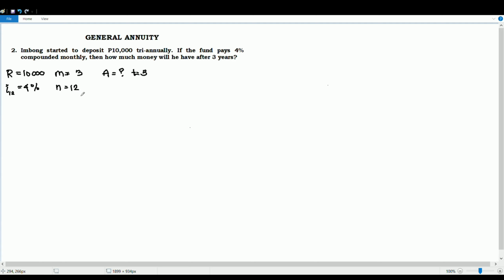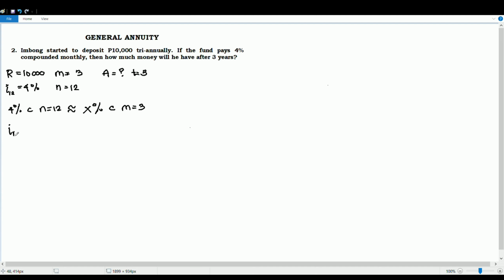So in this case, we have to synchronize this by converting 4% monthly into triannually. So we are looking for the equivalent value of 4% compounded monthly into an X% compounded triannually. So we have to do the equivalent rate.